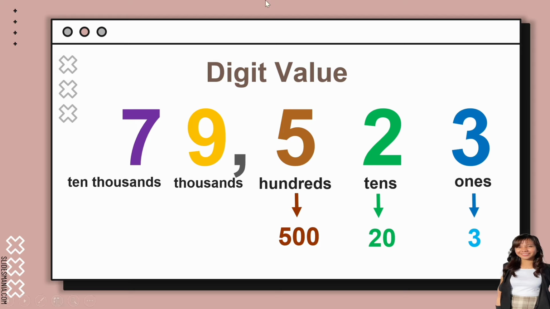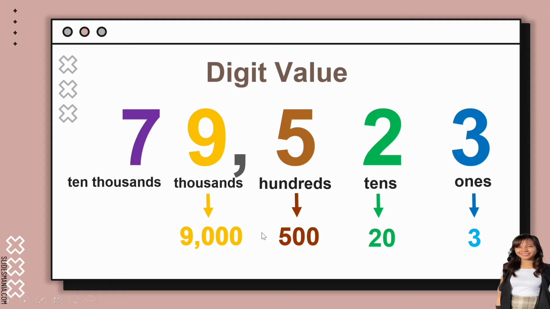Next, in the thousands place, the number 9. The digit value is 9,000. It's like multiplying 9 times 1,000, so the answer is 9,000. Next, the last one is 7, in the 10,000s place value.